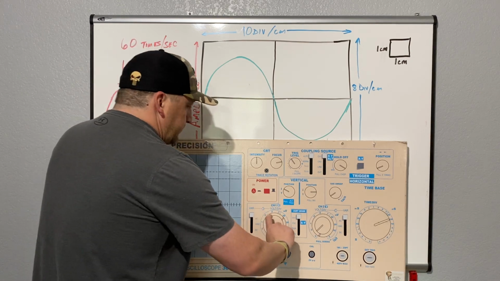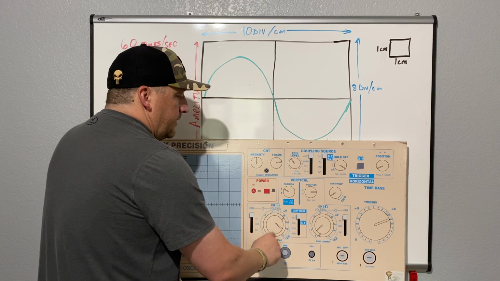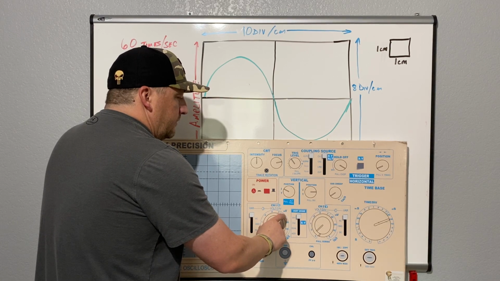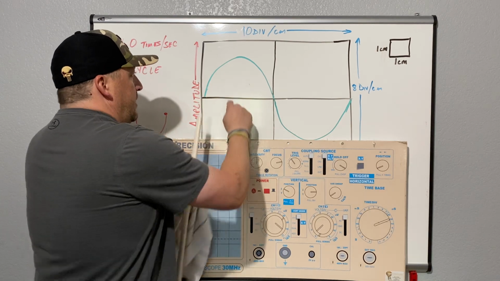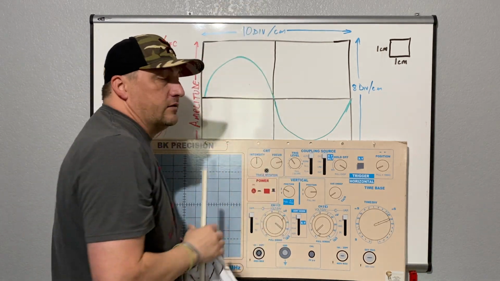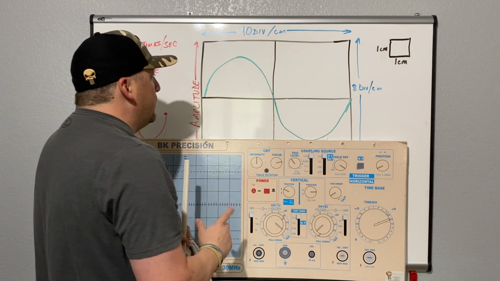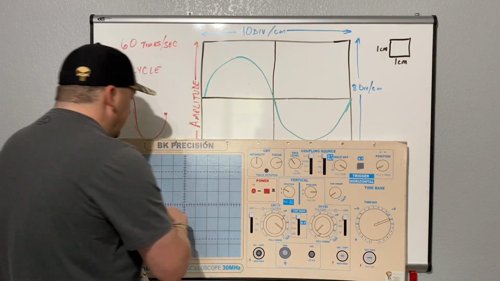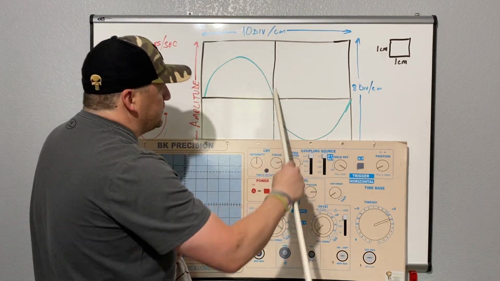So, the smaller the value that you give the volts per division, the larger your signal, your trace, is going to be. What we want to do is fill as much of the screen with that trace as we possibly can.